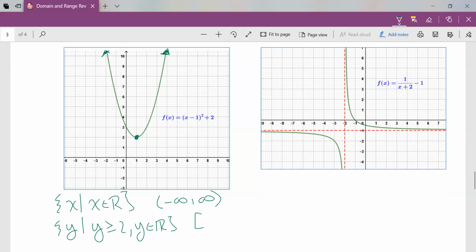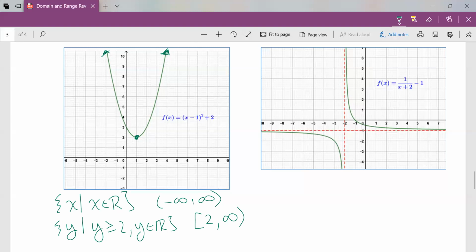So my smallest y value is 2, square bracket because it includes it. It grows without bound to infinity, and parenthesis because, again, infinity is not a number I can put my finger on the number line. Okay, so there's another type of graph where the input can be anything and the output is restricted as to what we have.